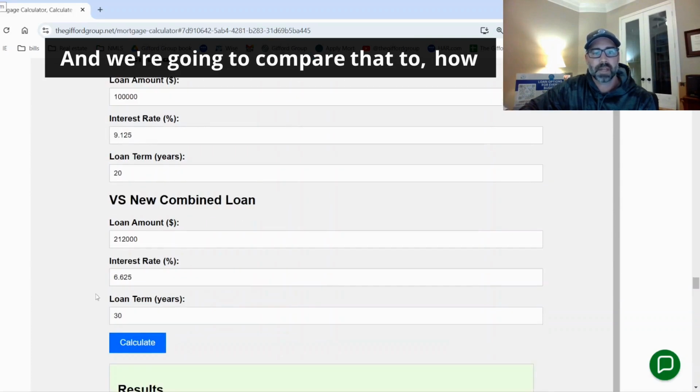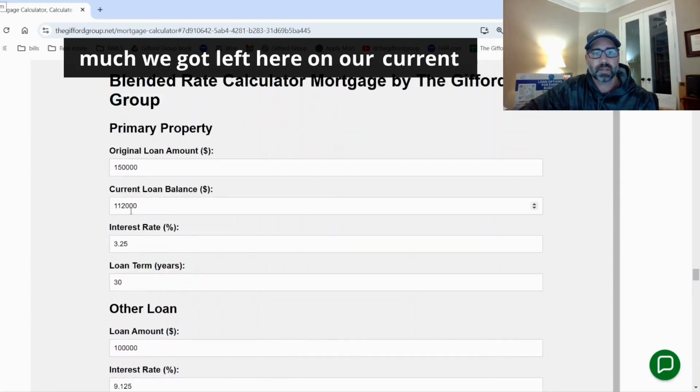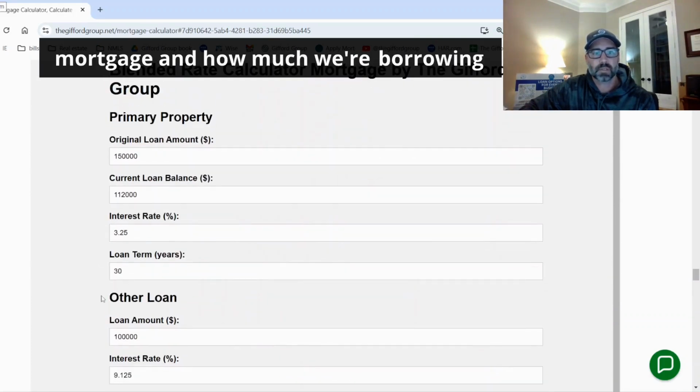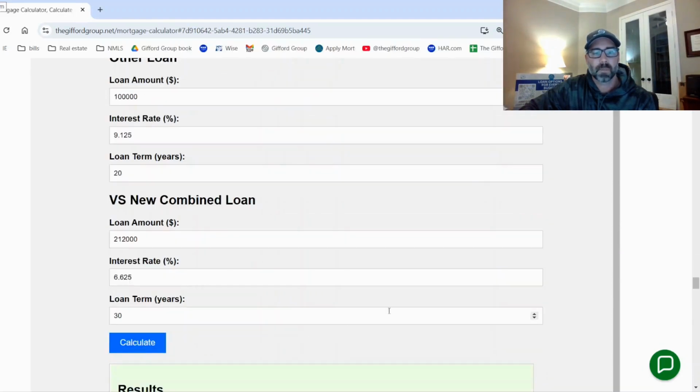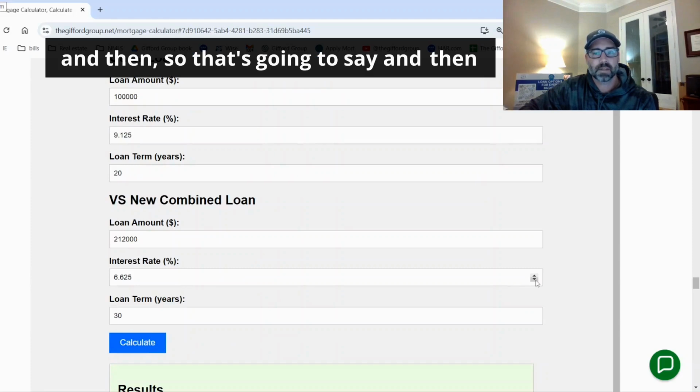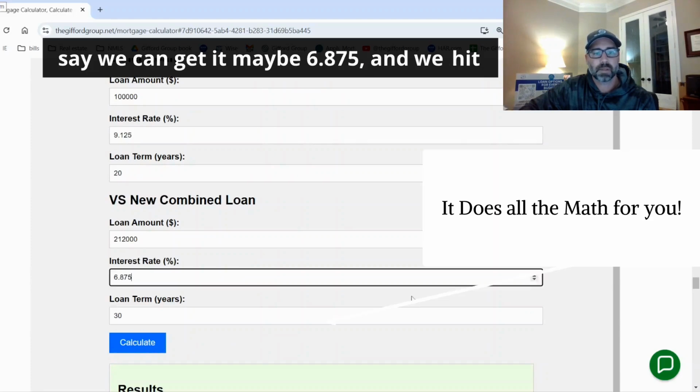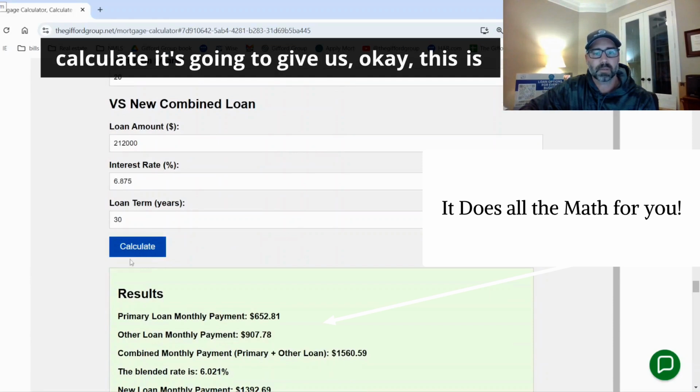And we're going to compare that to how much we've got left on our current mortgage and how much we're borrowing. That's going to be the 212. And then say we can get a new loan at 6.875, and we hit calculate.